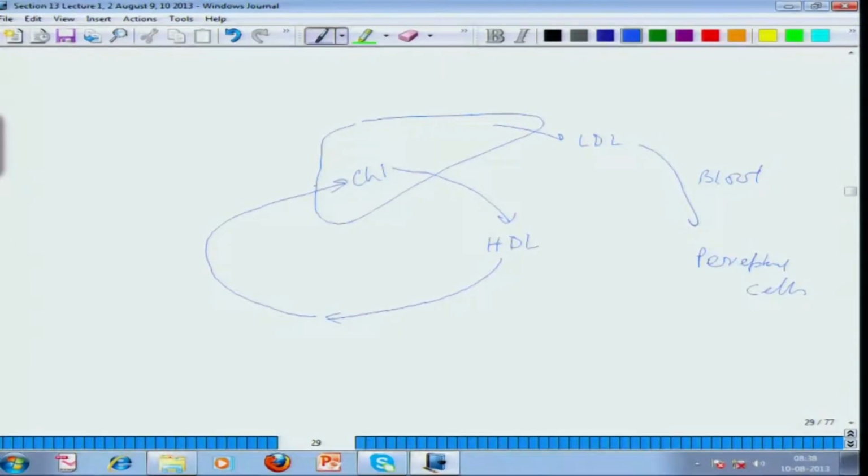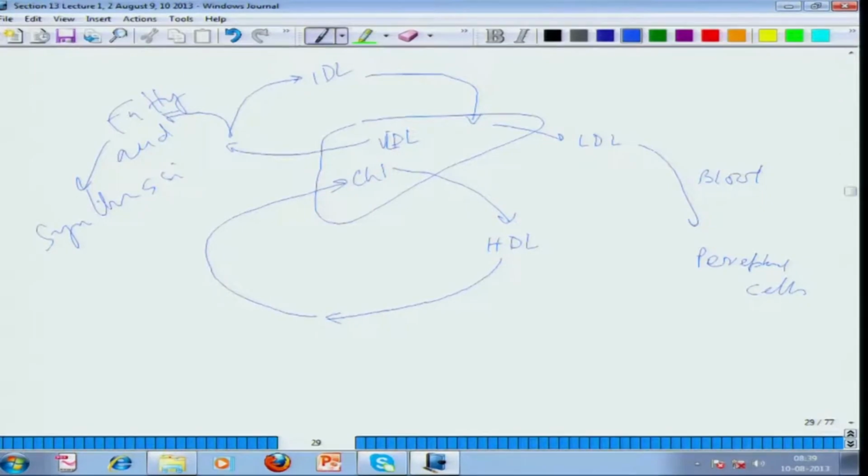Some intermediate density lipoproteins come back after breakdown of very low density lipoproteins, and some fatty acids are used for synthesis, and the intermediate density lipoprotein returns to the liver. So, it is a continuous turnover across the liver.